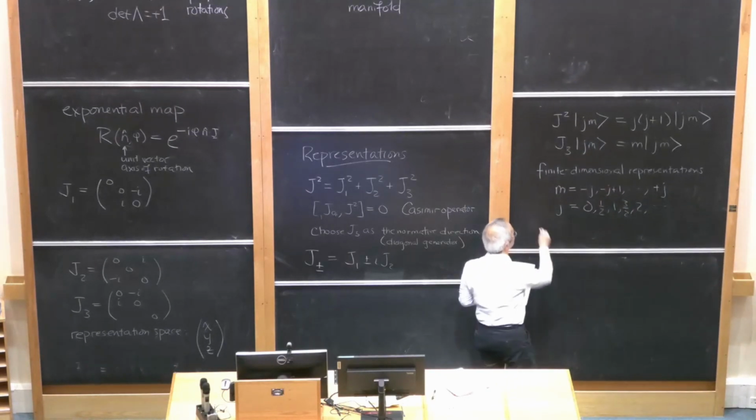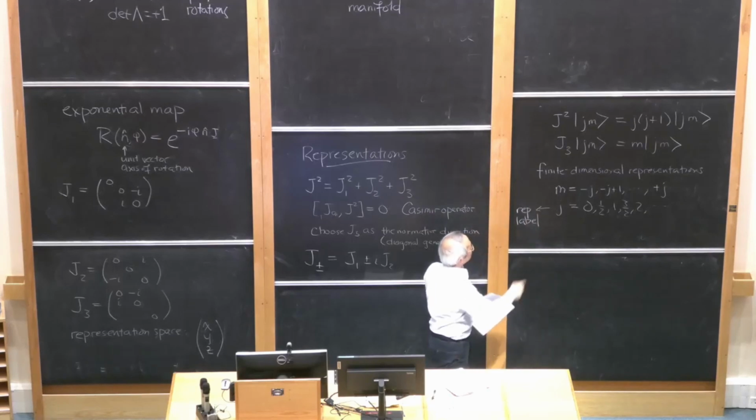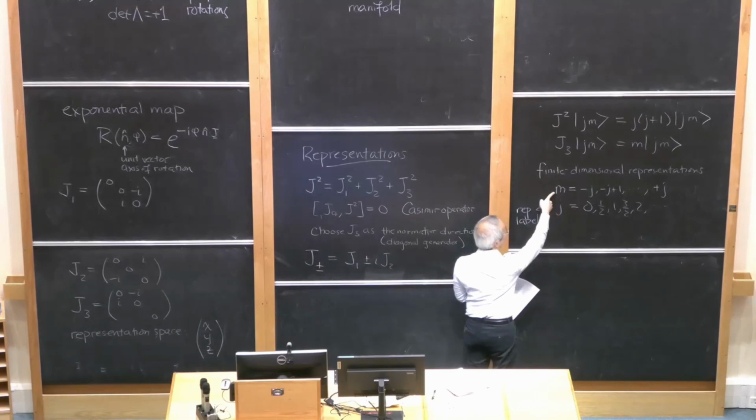It's also worth mentioning that j is actually going to label the representation. And for each one of these representations, you will then have a series of m values.